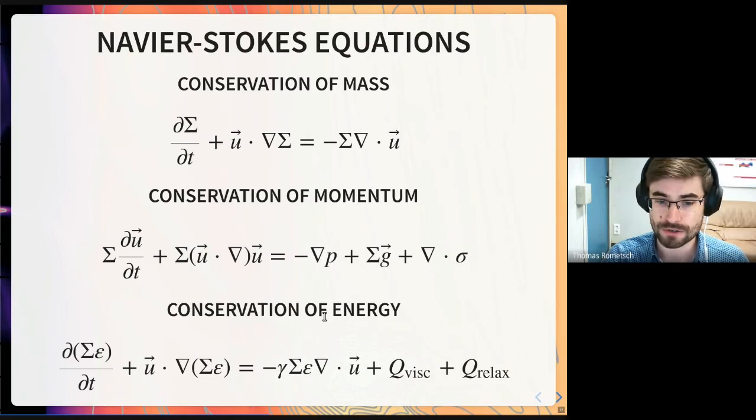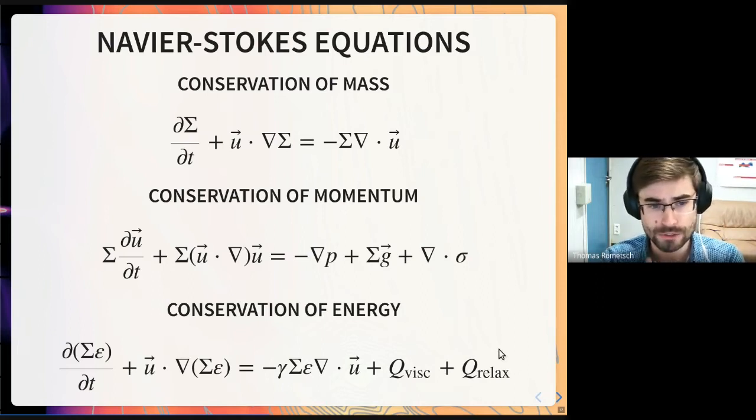Then also energy conservation. Again, the left side is what the flow does, and here we have some compressional heating. We take account of that. We have some viscous heating, so via viscosity you can dissipate energy into heat. And then we have this Q relax, which was the beta cooling, which cools back to the polar profile.